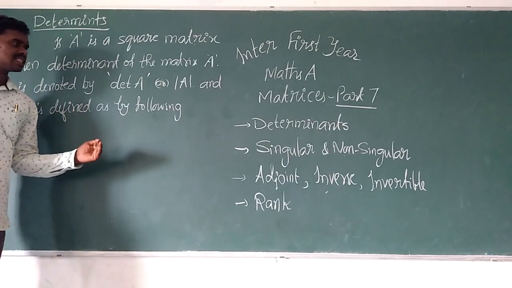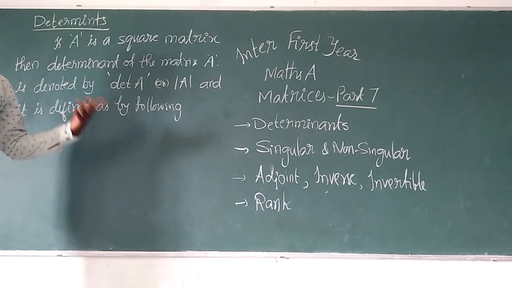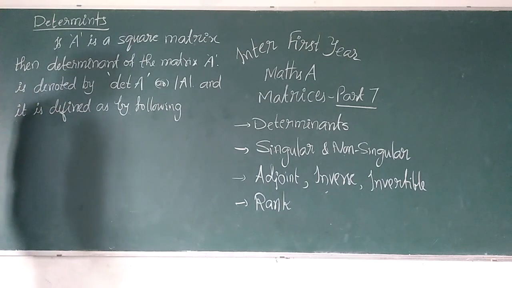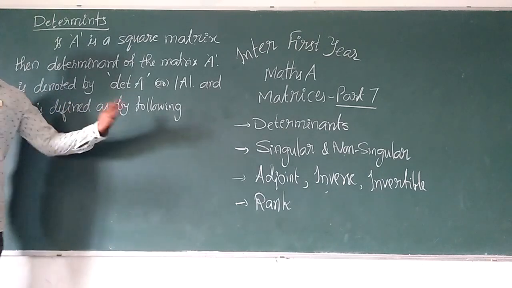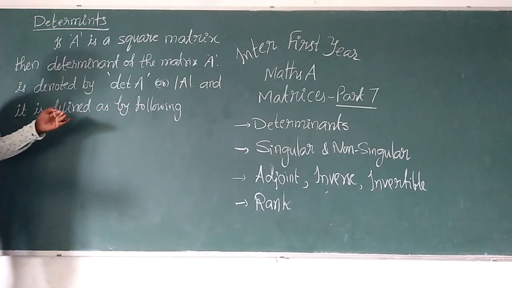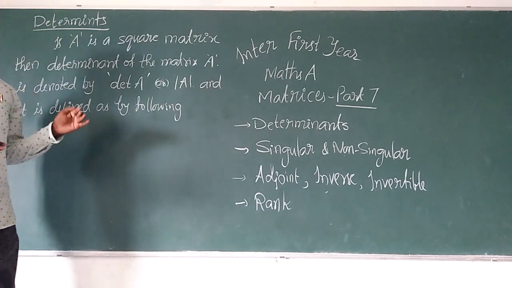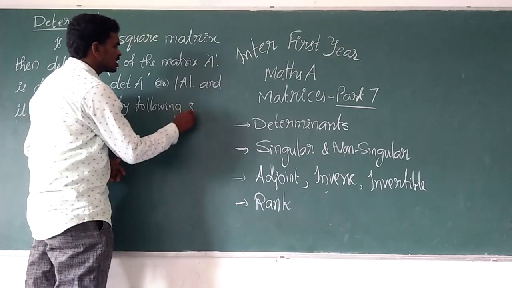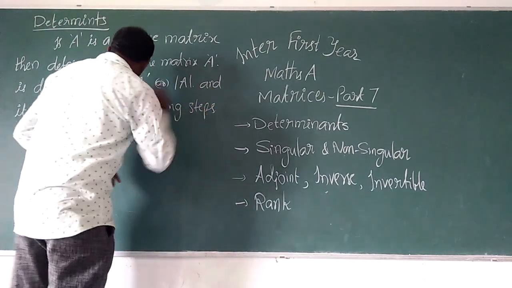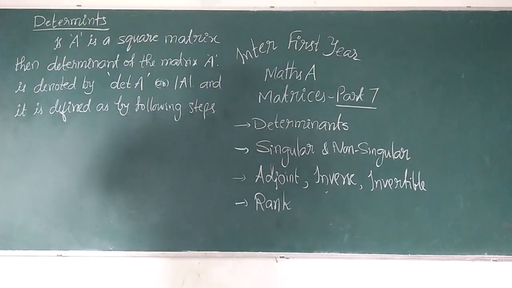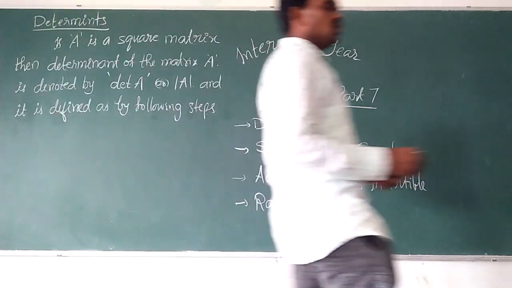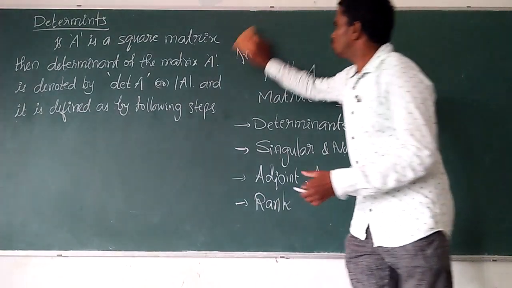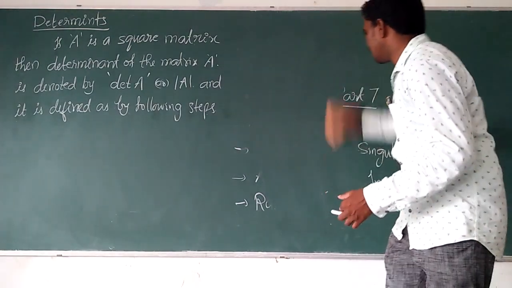The given matrix may be a 2 by 2 order matrix, or a 3 by 3 matrix, or maybe 4 by 4 also. But in this intermediate course, we will learn how to find the determinant of 2 by 2 and 3 by 3. First, I will tell you how to find the determinant of a 2 by 2 square matrix.